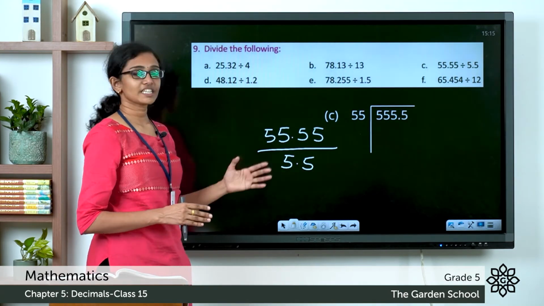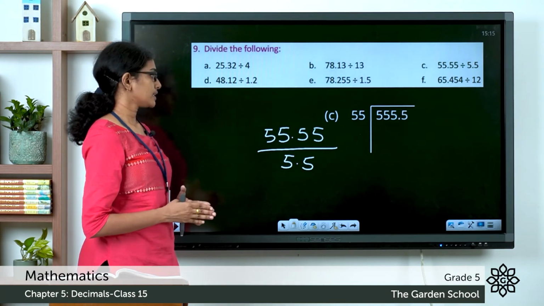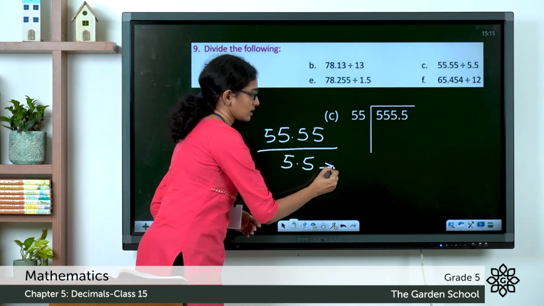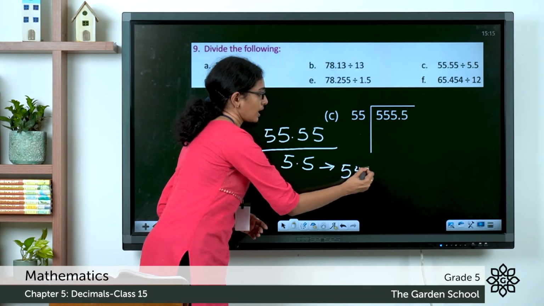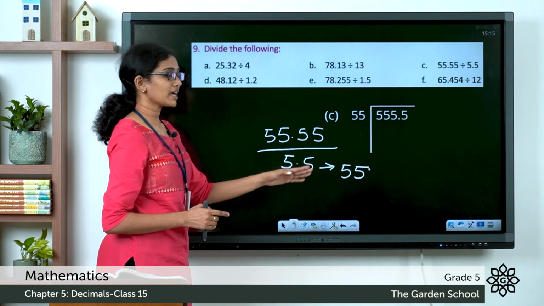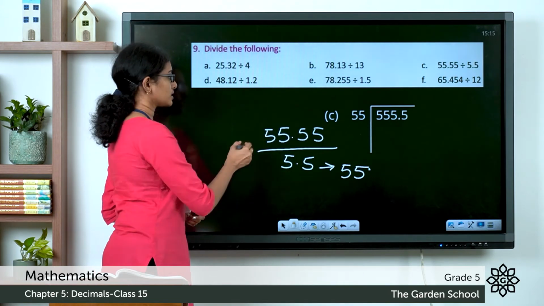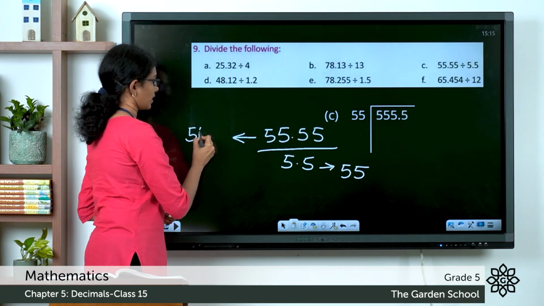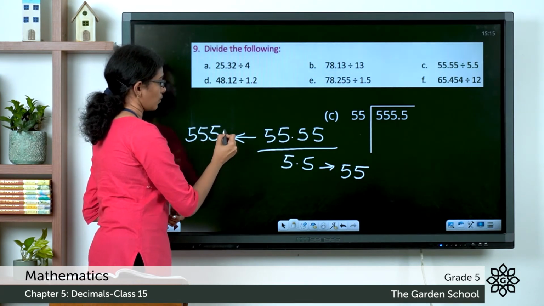Shifting the decimal point to the right makes this denominator 5.5 as 55. And what about this numerator? Shifting the decimal point one place to the right will change this 55.55 to 555.5.